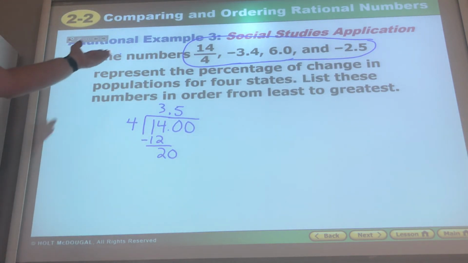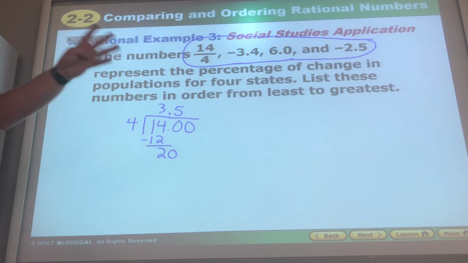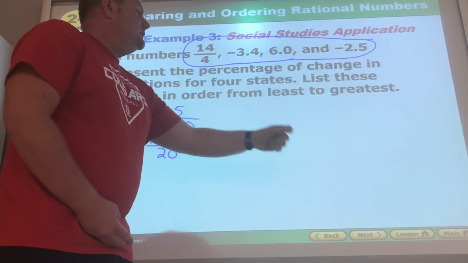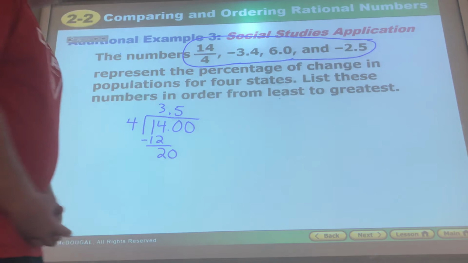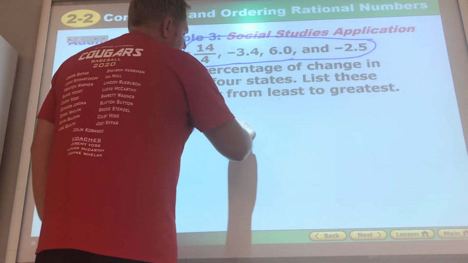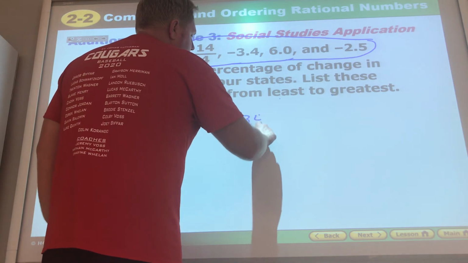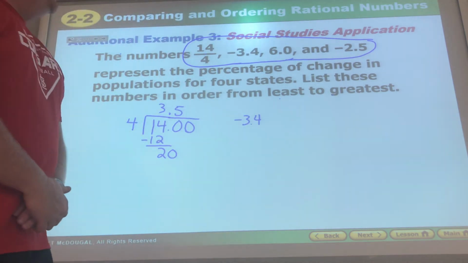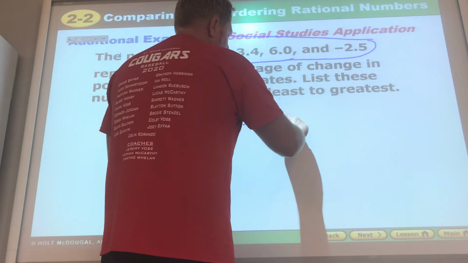The numbers, we just read them, represent the percentage of change in populations for 4 states. List these in order from least to greatest. So, the smallest, negative 3.4. Okay. The next smallest would be negative 2.5.